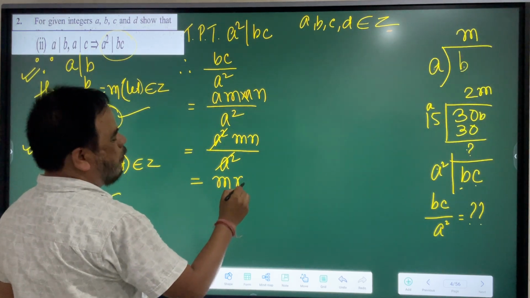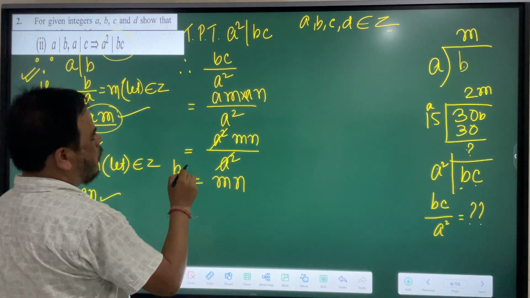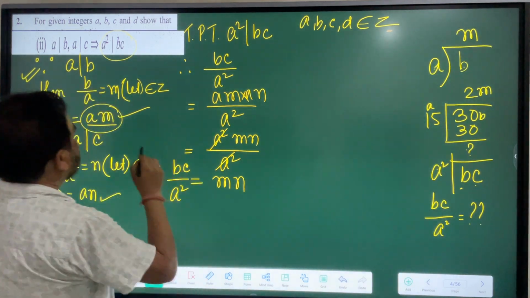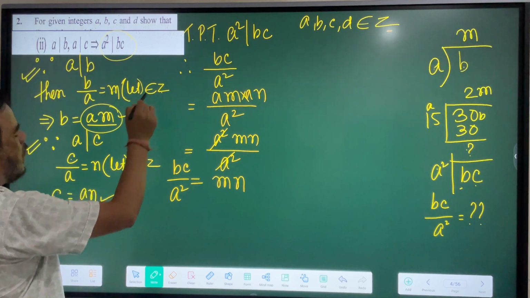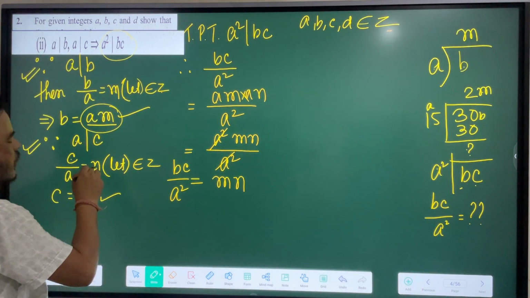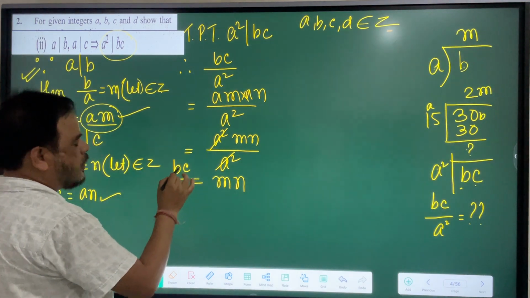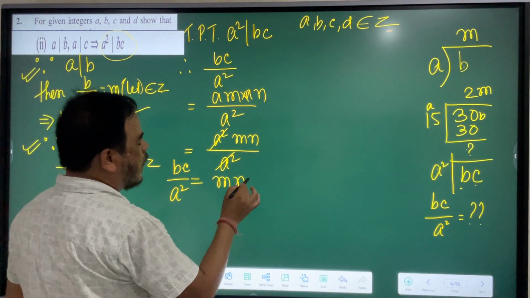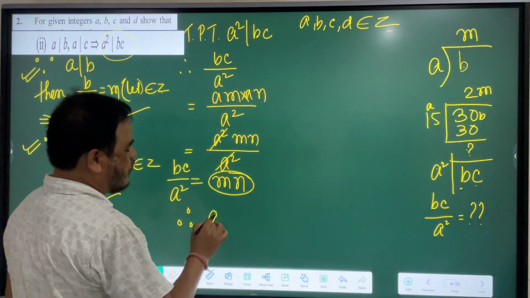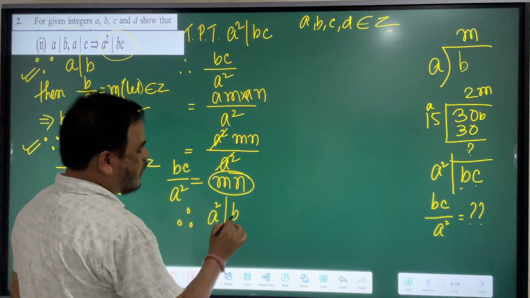So we have got bc by a square equal to mn. m is an integer, n is also an integer. So the multiplication of both integers will be an integer only. So bc by a square is equal to one integer. Therefore, a square divides bc.